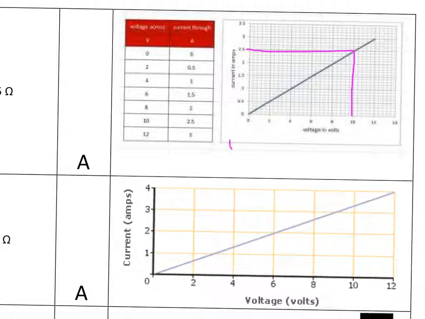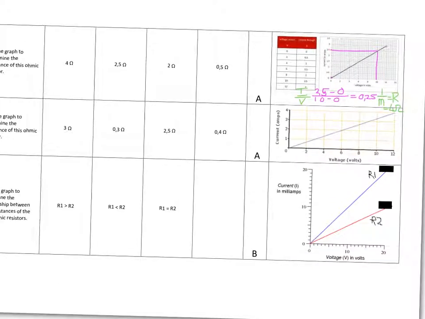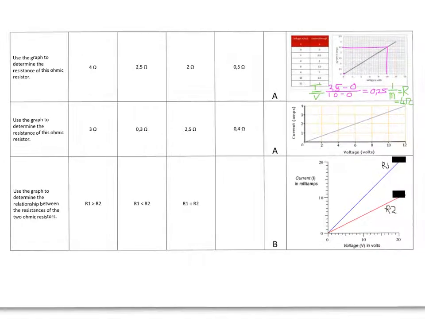So y2 minus y1 is 2,5 minus 0 over 10 minus 0, and I land up with an answer of 0,25. But this is current strength over potential difference, which means I now need to take 1 over the gradient in order to get the resistance, and that is equal to 4 ohms. So A is your correct answer in this case.